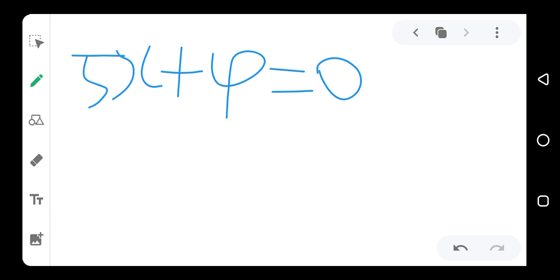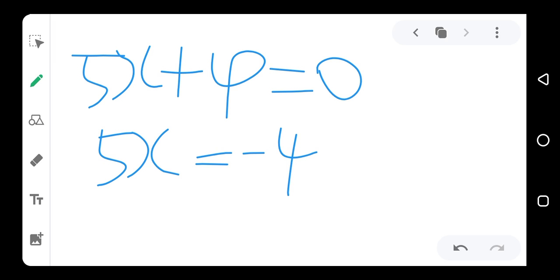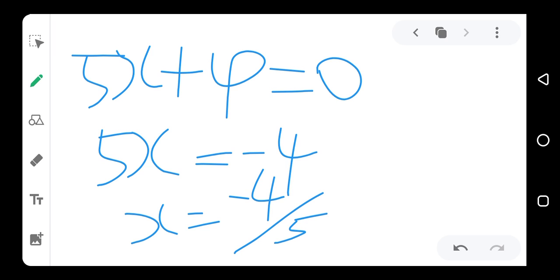In this case, 5x is equal to minus 4 and x is equal to minus 4 over 5. So this is the value of x for which the fraction is undefined.